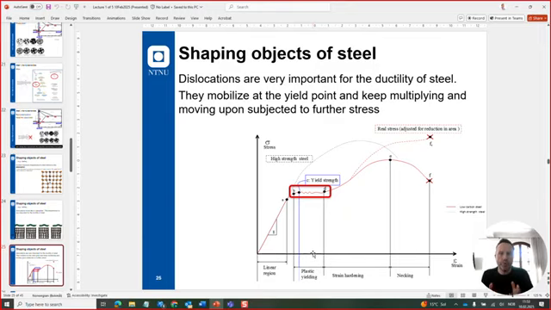Now, in this curve, it has been exaggerated for steel. In many steels, this part is not very visible or not prominent at all. It could be just a small nick and it goes straight over to the strain hardening phase.